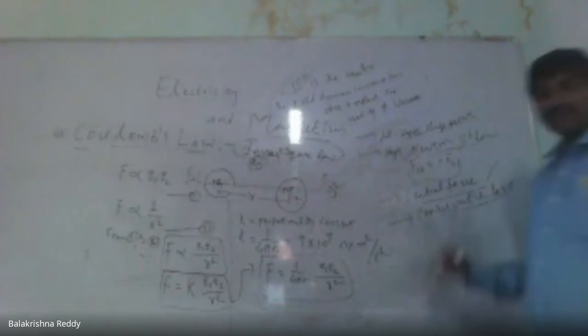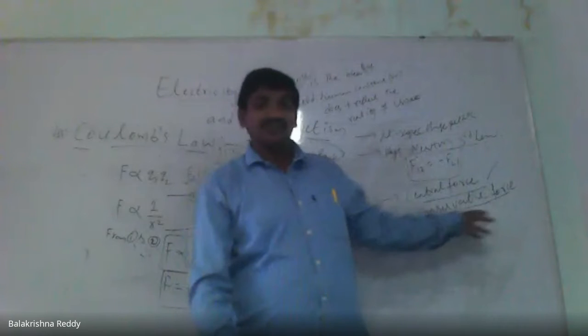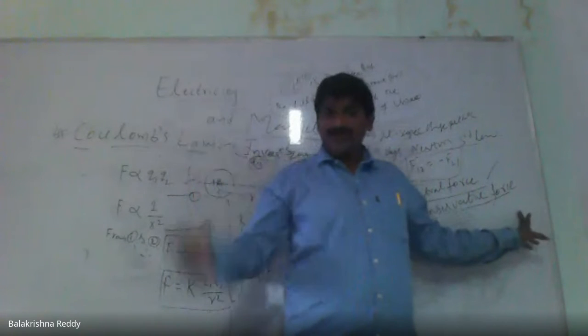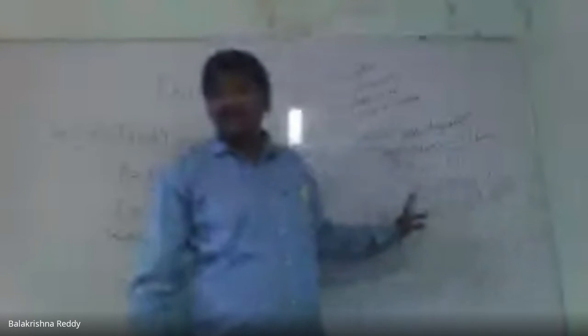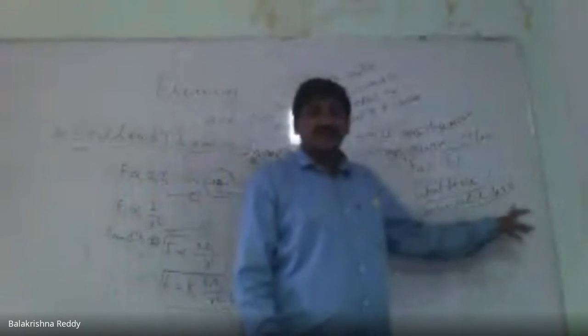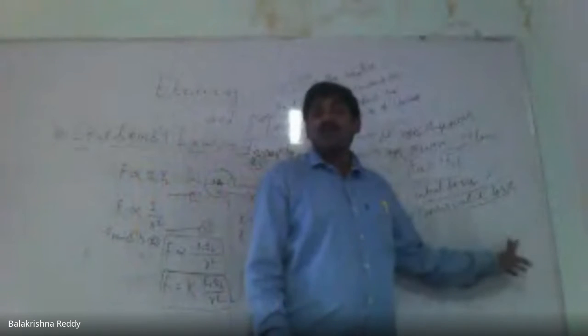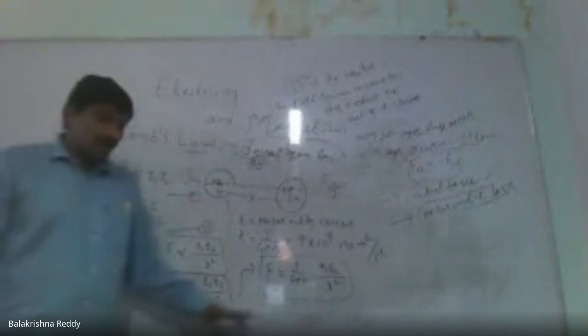What do you mean by conservative force? We discussed conservative force in mechanics. A conservative force is a force for which the work done around a closed path equals 0. That is what we call a conservative force. Okay, this is all about Coulomb's law.